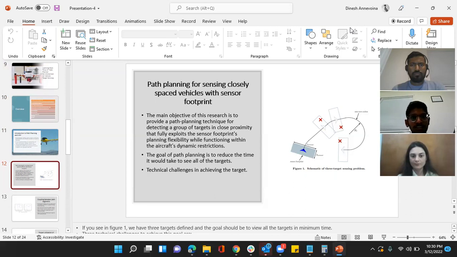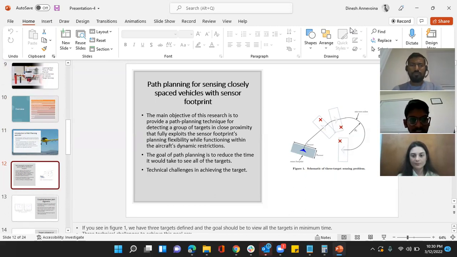The next topic is path planning for sensing closely spaced vehicles with sensor footprint. As shown in figure 1, the main objective of this research is to provide a path planning technique for detecting a group of objects that exploit sensor footprints within aircraft that have dynamic restrictions.